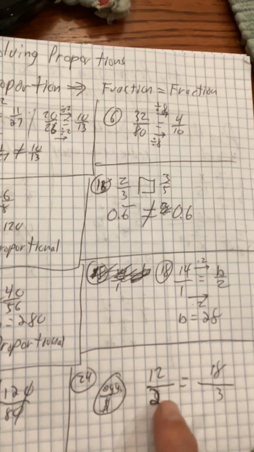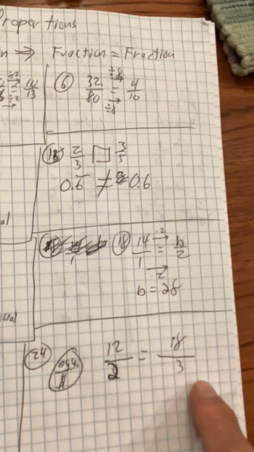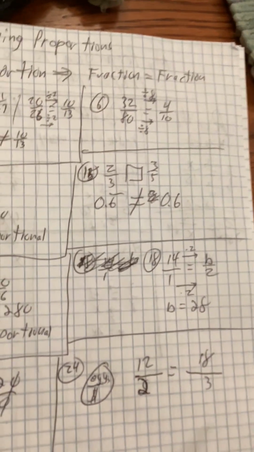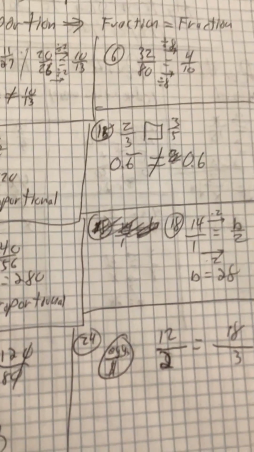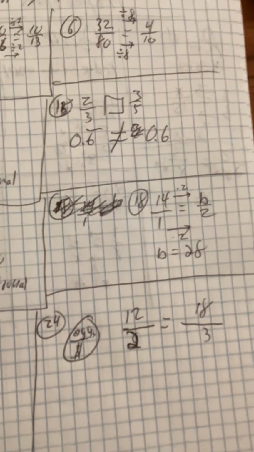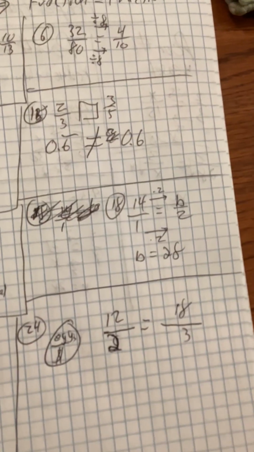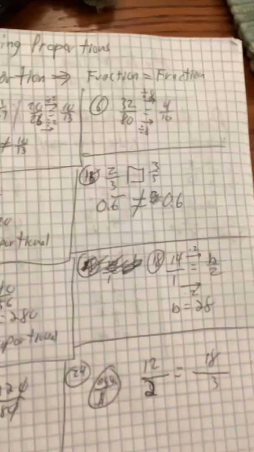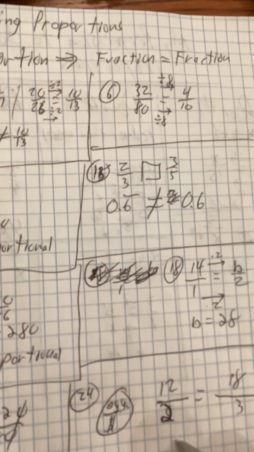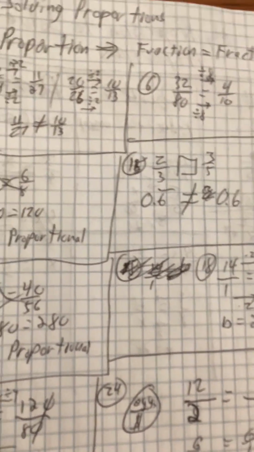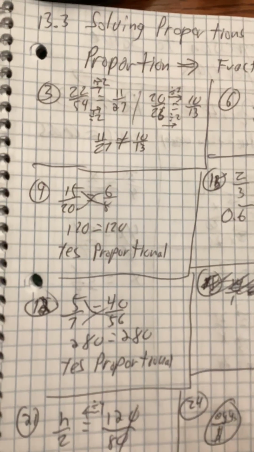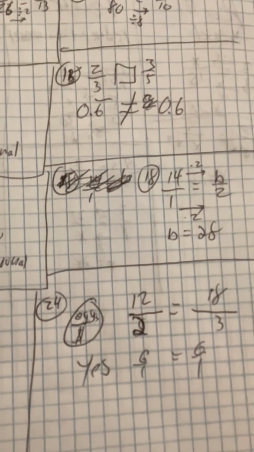You can go, this is times 6, and this is times 6. So yeah, this reduces to 6 over 1. This reduces to 6 over 1. So anyways, this is proportional. And the answer is yes. I'm just going to reduce them both. This is just 6 over 1 equals 6 over 1. So yes, it's proportional, right?